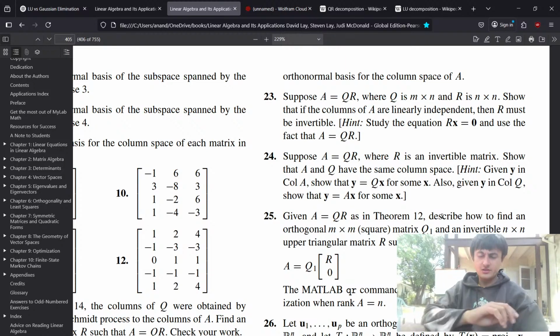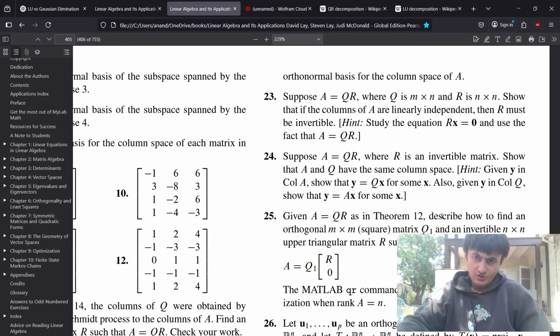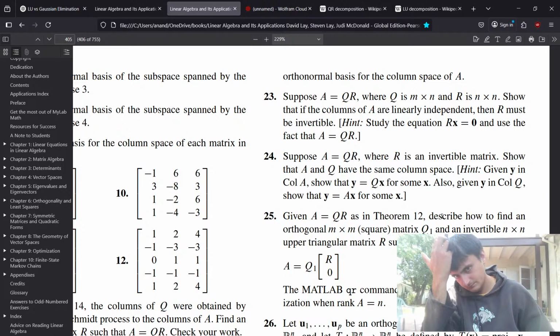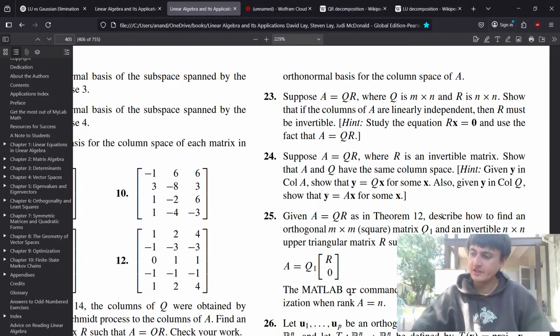And the hint is, given y in the column space of A, show that y equals Qx for some x, and then given y in the column space of Q, show that it is in the column space of A. Yeah, so you do a double inclusion thing. So we say Ax is equal to y.